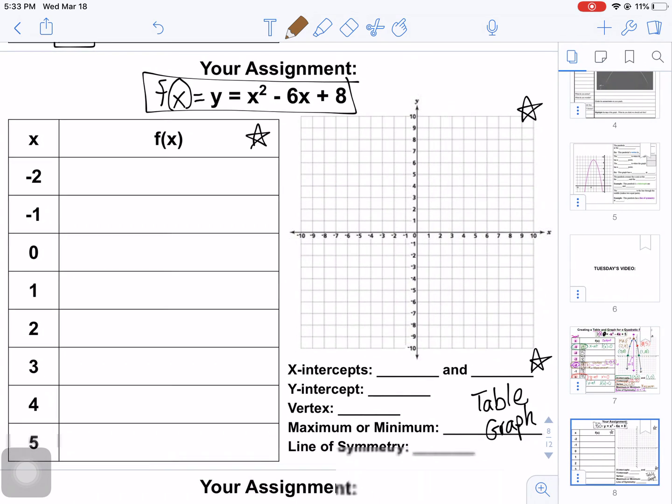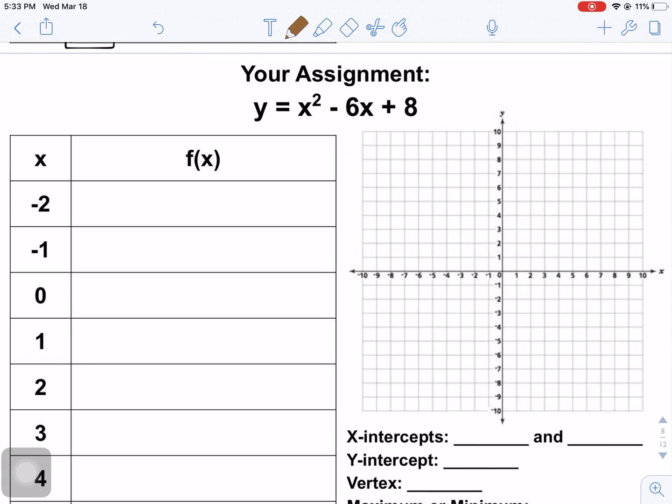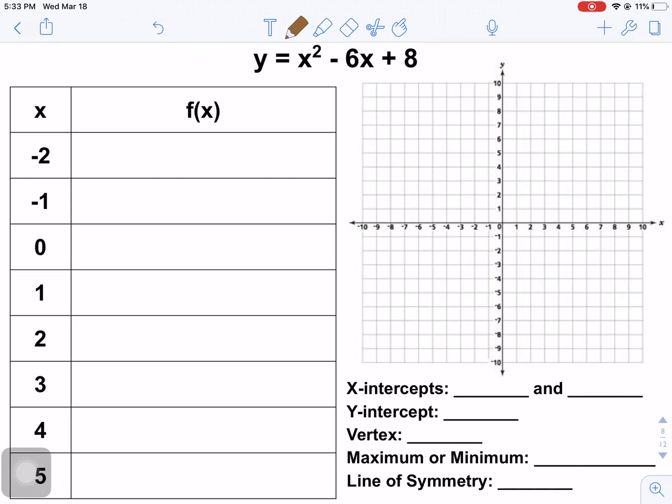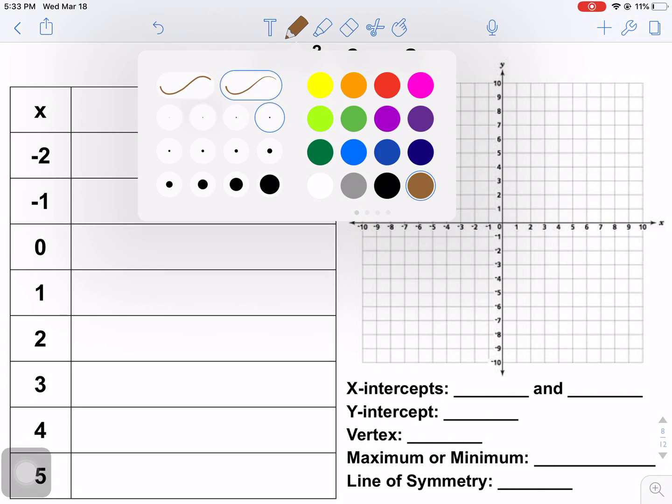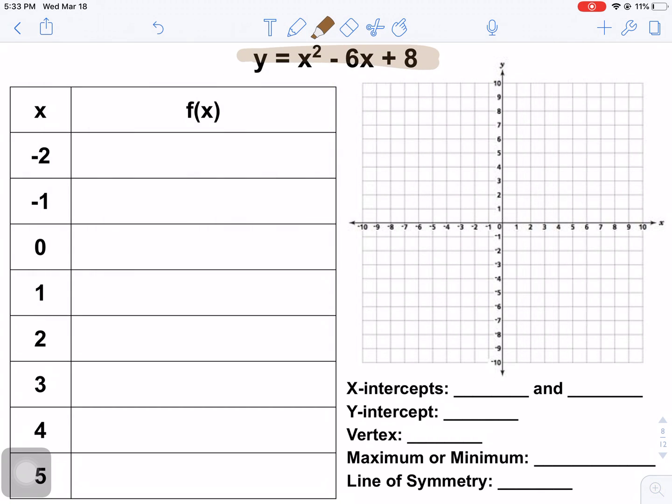Your assignment is to take your function at the top middle of your screen. You need to create a table.